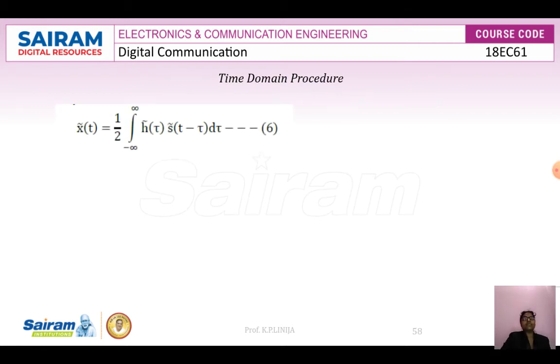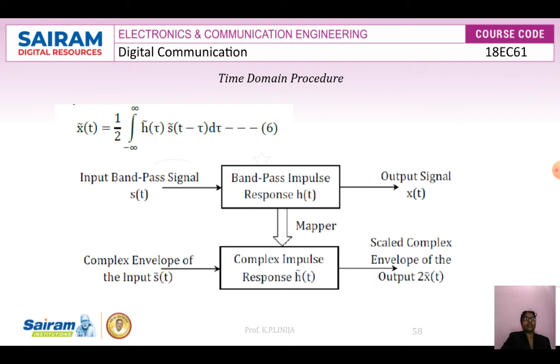Now, for x bar of t, we have to think about mapping. We are going for an important relationship, that is, the result of isomorphism between a bandpass function and the corresponding low pass function.